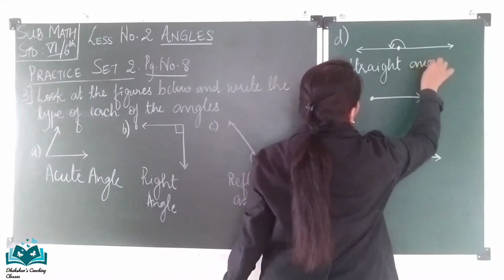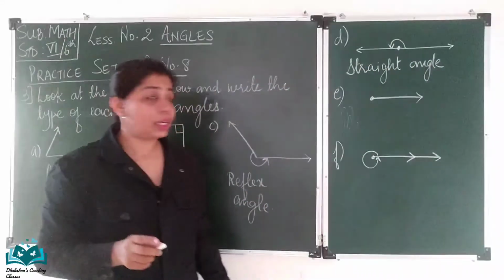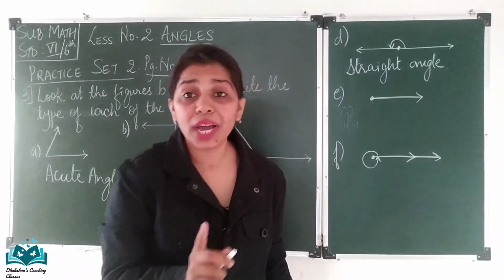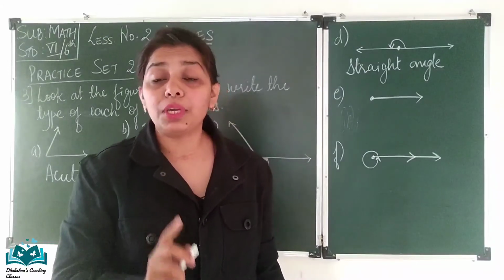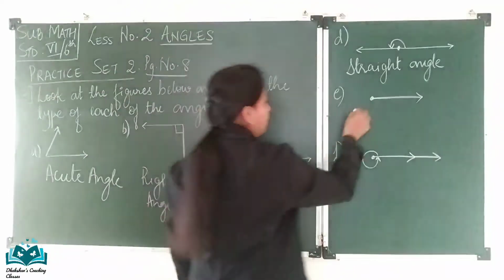Straight angle. A single line with a point means there is no angle being formed. It means it is a zero angle.